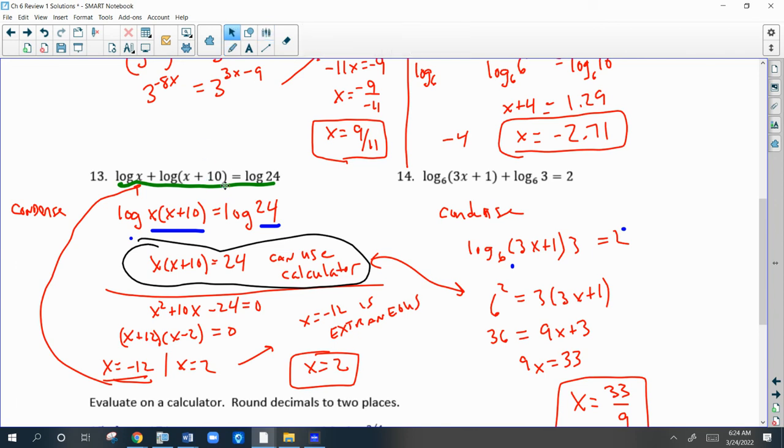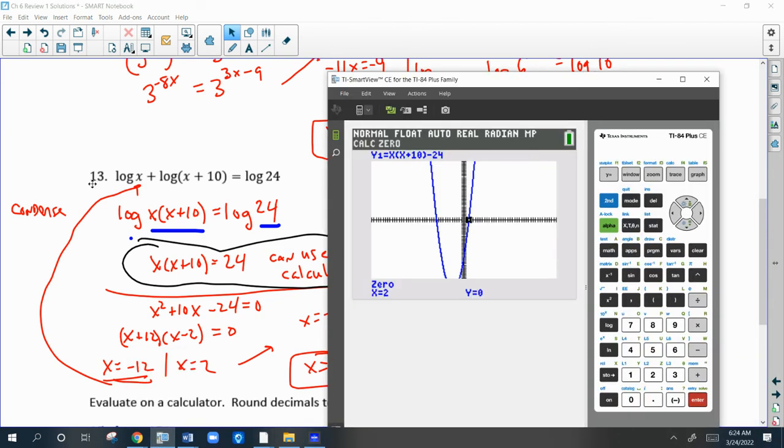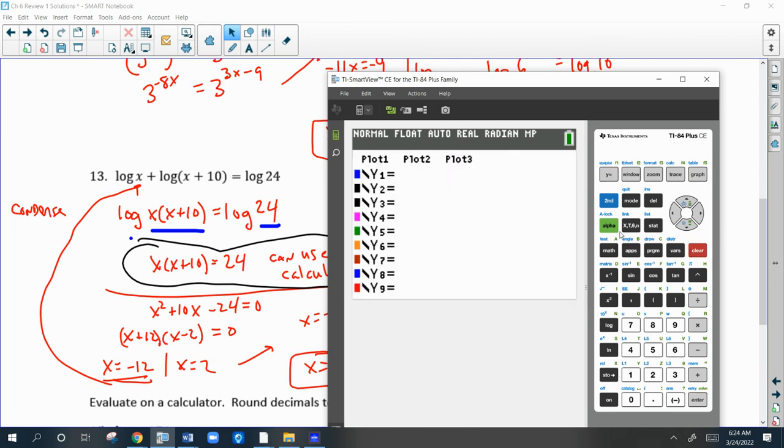These are all logs, so that makes it nice for me. I can use this log key down here. Now I'm going to type this original equation in. So I have log x plus log of the quantity. Oops, I already messed that up. So log x.